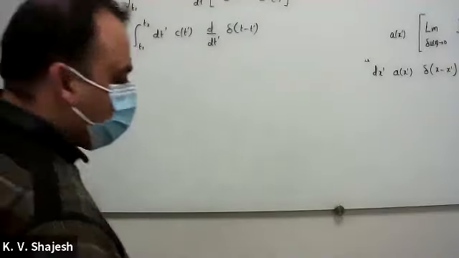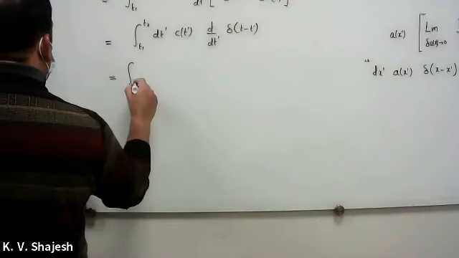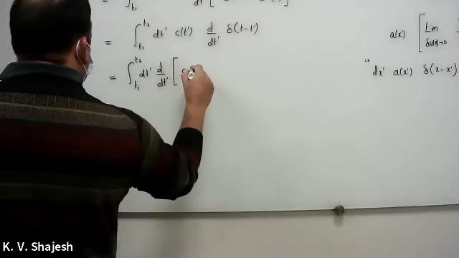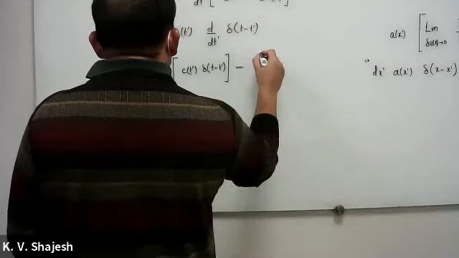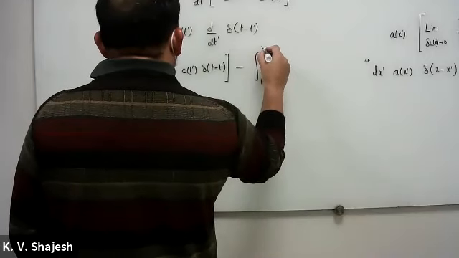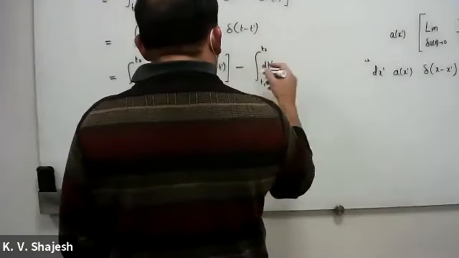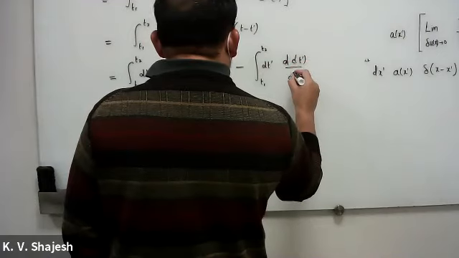So let's do this in two steps. This is equal to the integral from t1 to t2 of delta, d by dt prime, minus the integral from t1 to t2 of delta, d prime. This is the actual differentiation.